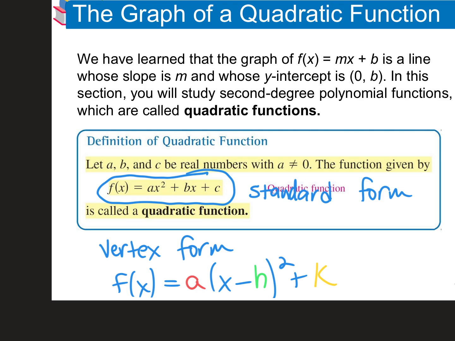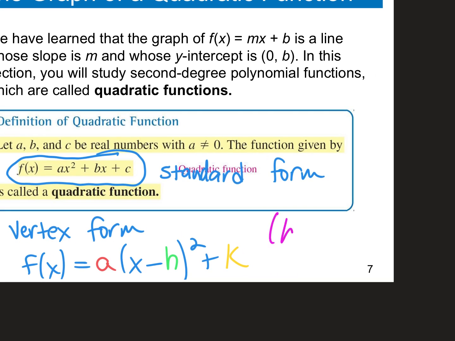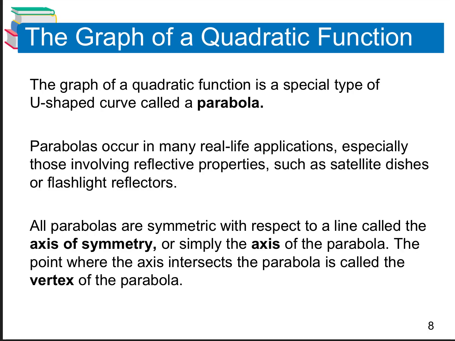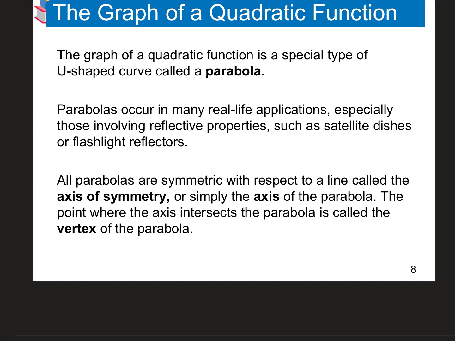And everything we talk about today is going to be centered around the vertex. It's the x value and the y value. We're going to talk more about it in a minute. Just want you guys to write it down. But you need to know both of those forms, standard form and vertex form. We're going to talk about how you go from one to the other, what it means, that sort of thing.